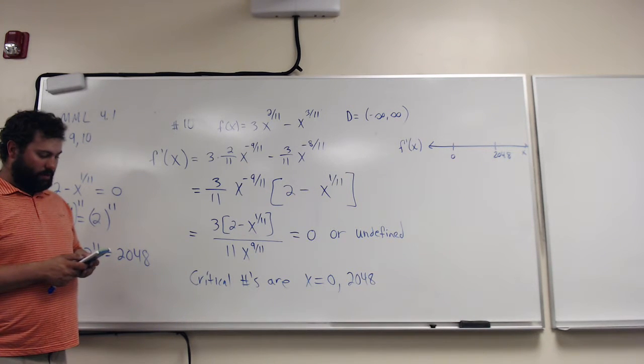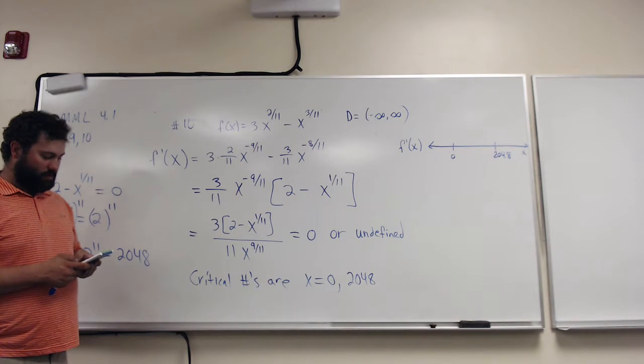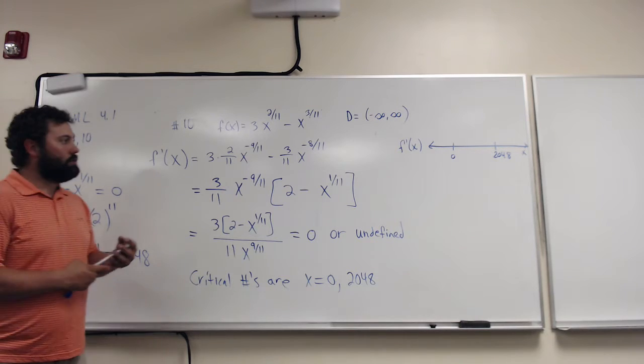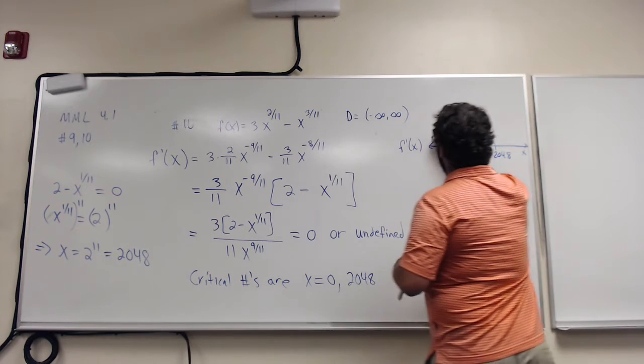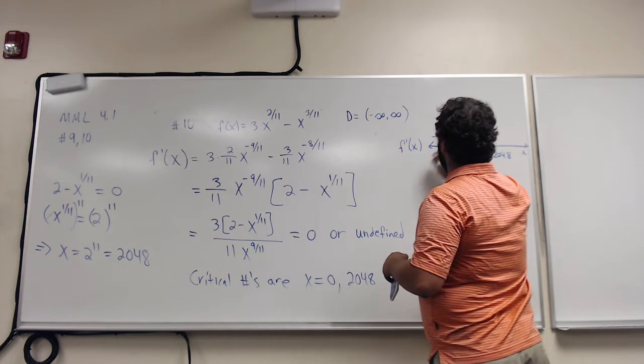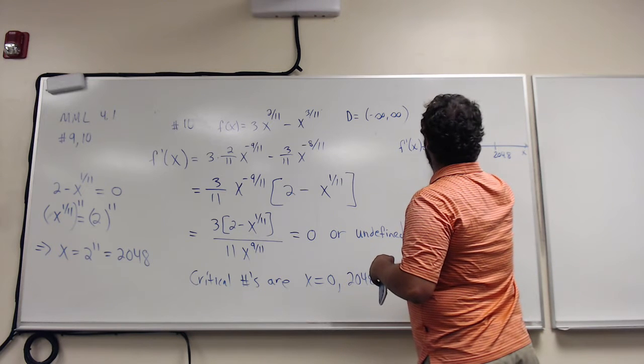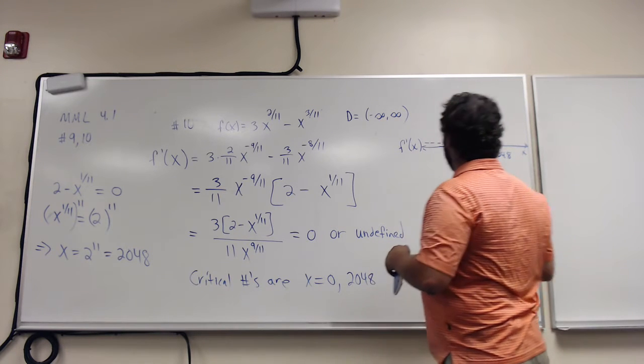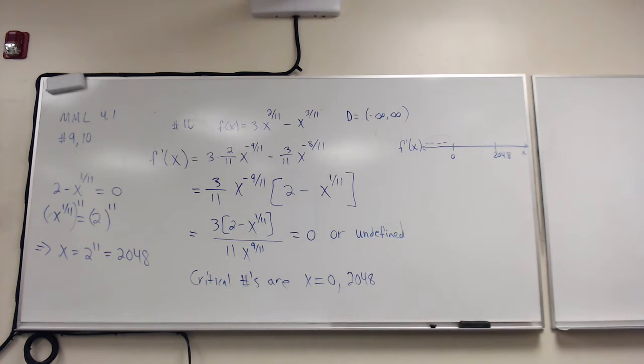And in the denominator, I will do 11 times -1 to the 9 over 11th power. So I get a negative number. Sorry, I didn't leave myself much room here, but so the derivative to the left of 0 is negative.